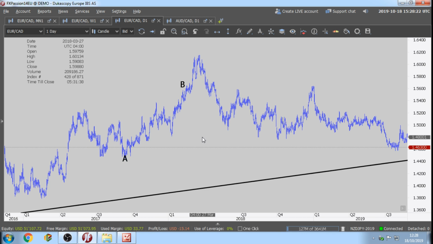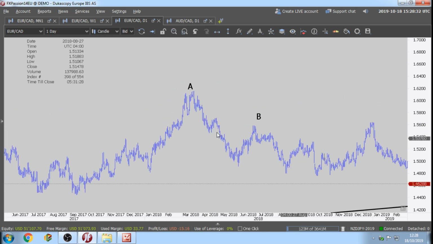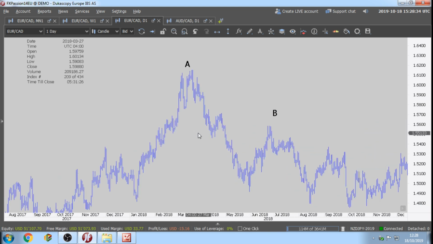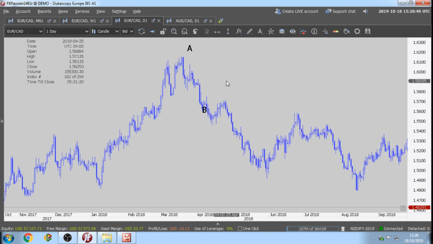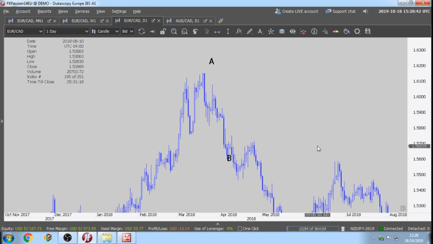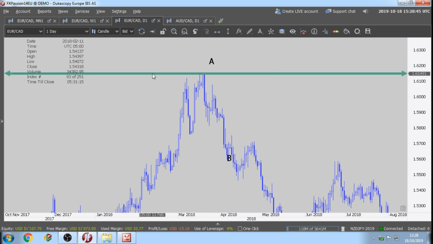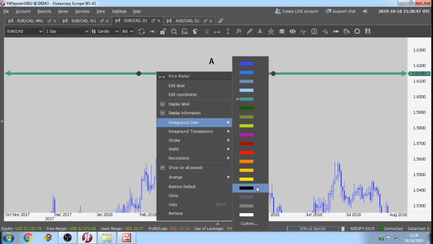Agreed? So we are going to start from the beginning up in here, A to B. So just briefly, A to B, this is going to be our horizontal line.